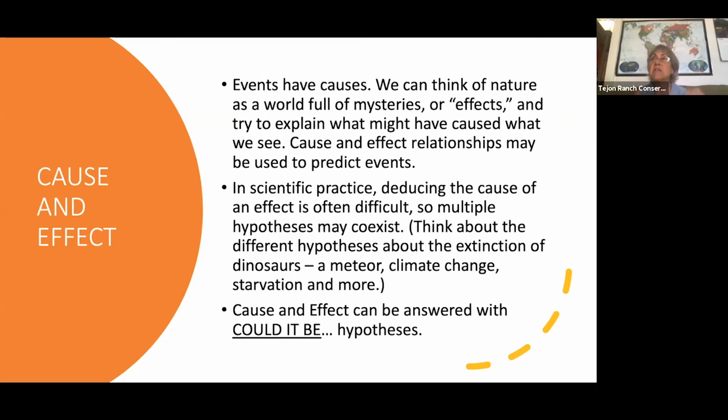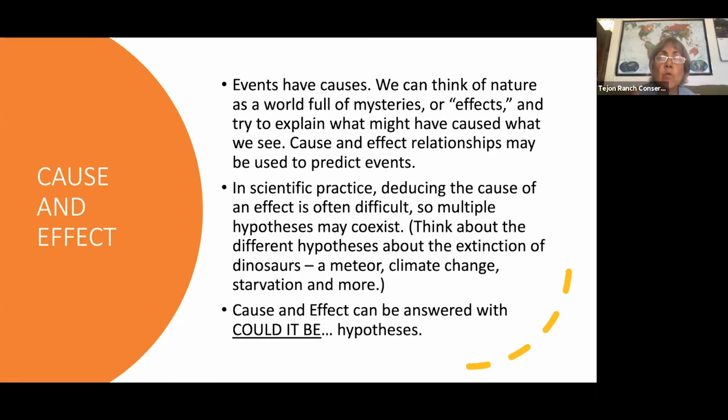Or there was a bunch of small mammals that were developing, and they started eating all of the dinosaur eggs, and so there were no offspring to replace the ones that existed, and eventually they died out. Lots of different hypotheses. There are more than the ones I just mentioned.